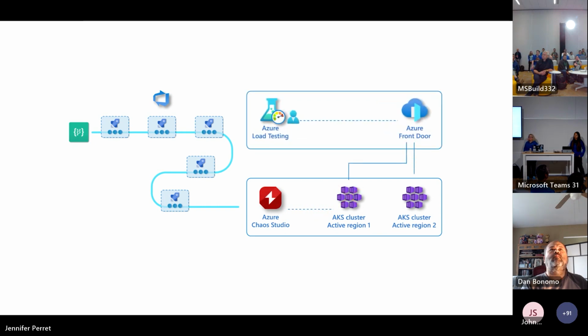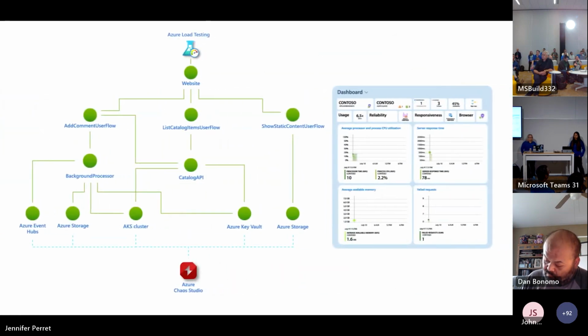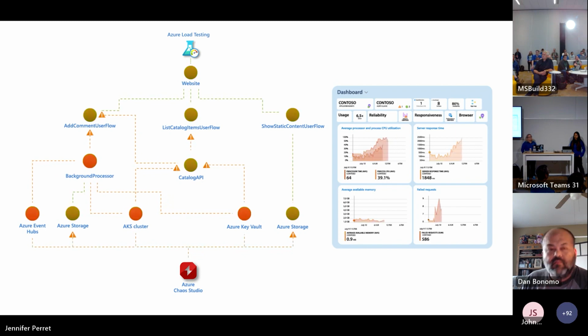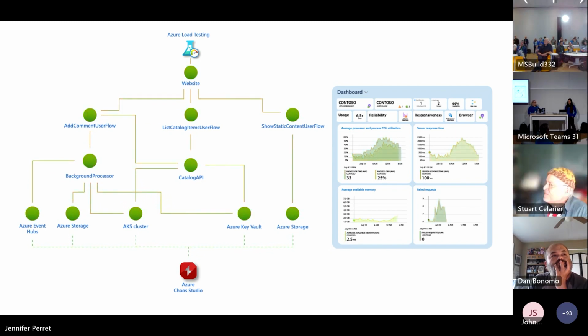To produce synthetic user load on the application, use tools like the Azure Load Test Service. By using Azure Chaos Studio and Load Test Service in conjunction, you can observe how the application reacts to issues, as well as its ability to self-heal in response to infrastructure or application failures.